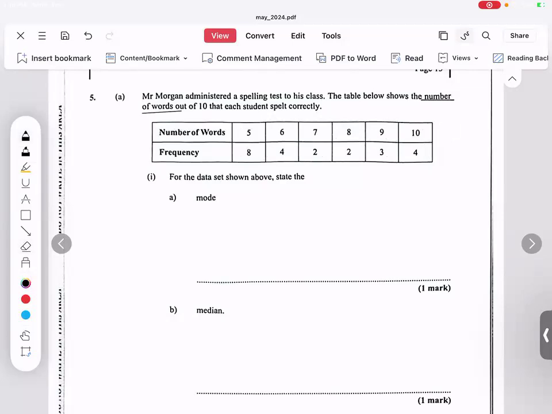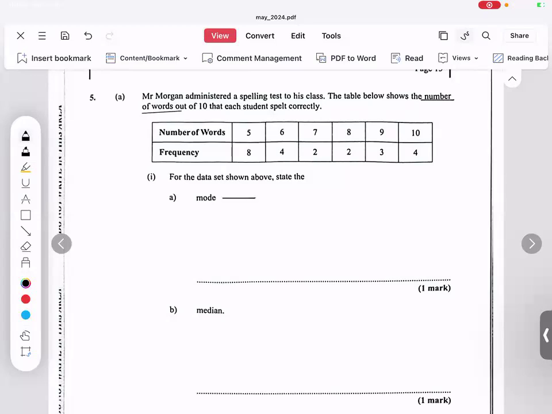Yes, sir. So that's the first thing you need to do when you get these type of questions. Make sure you understand how to read the table. Okay. All right. Now it says for the data shown below, state the mode. Some of you have yet to do this because I haven't started teaching statistics, but nothing too difficult.